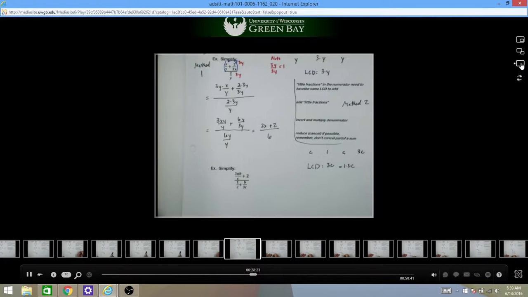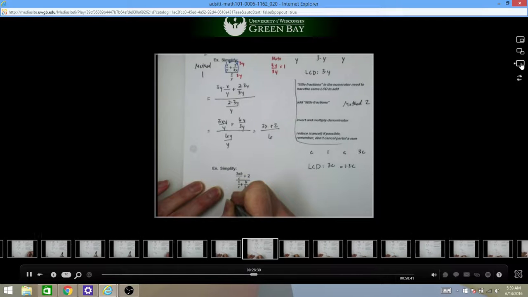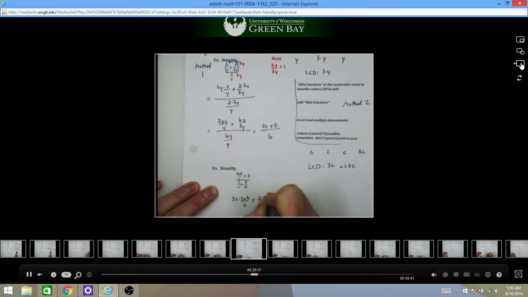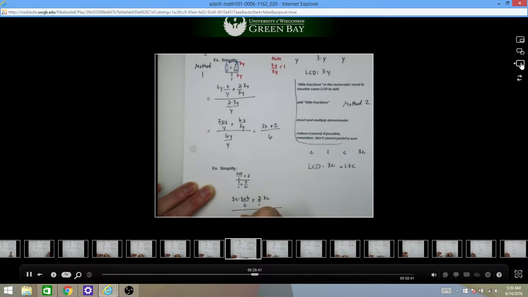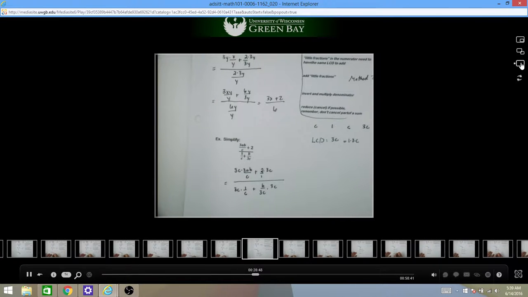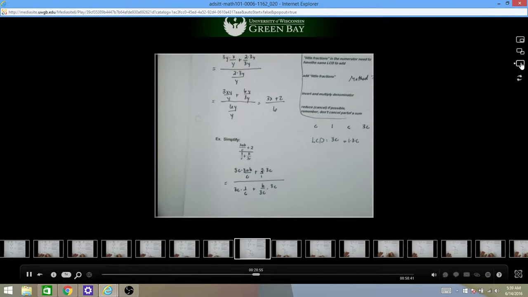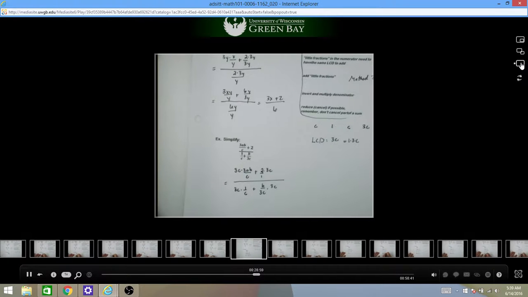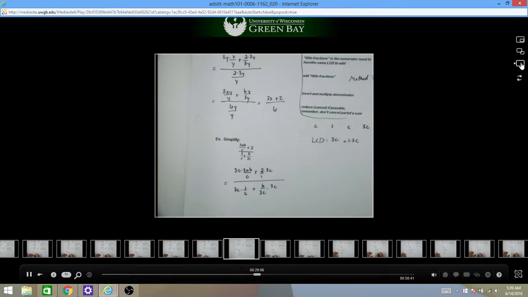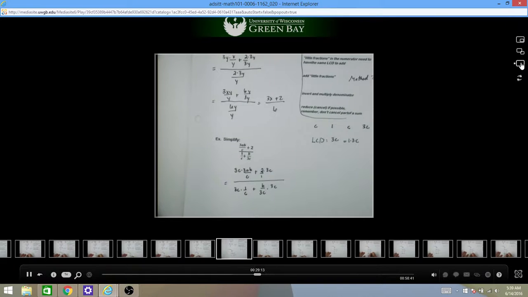So multiply every single term by 3c. So every single term gets multiplied by 3c, and the 3c you're multiplying by goes in the numerator of those terms.